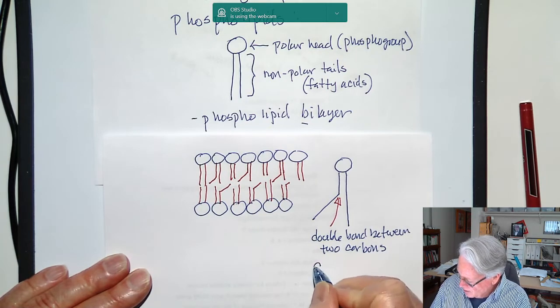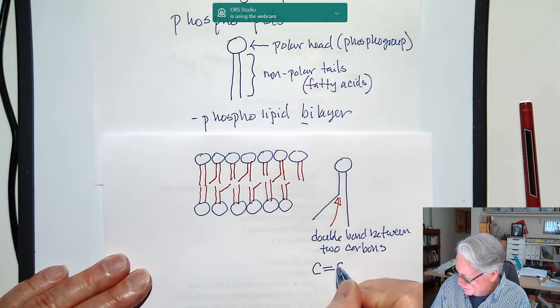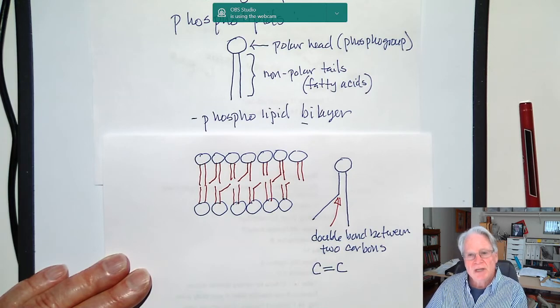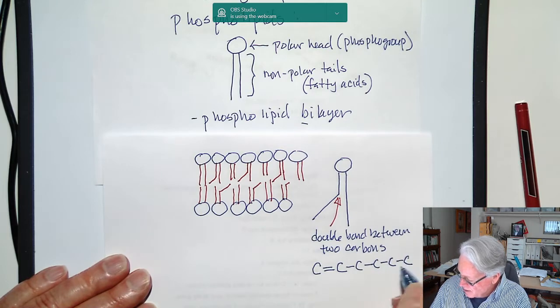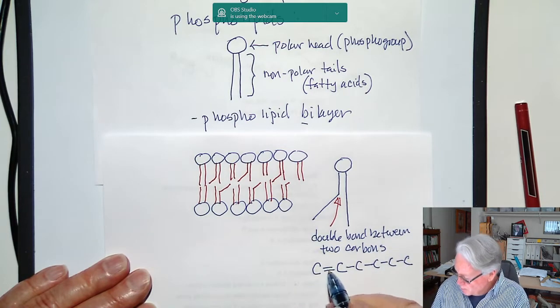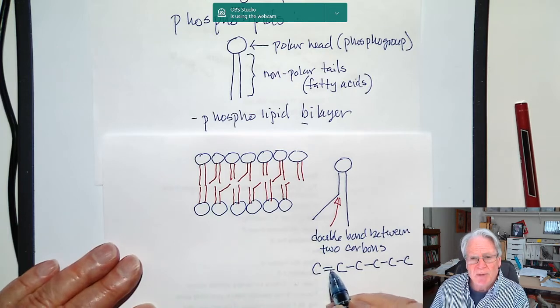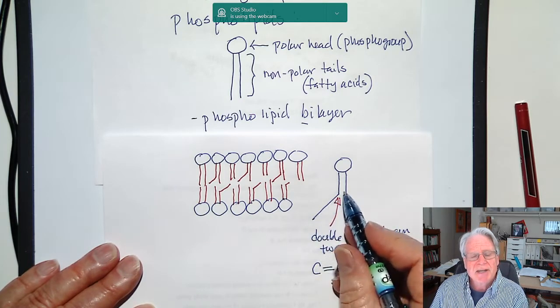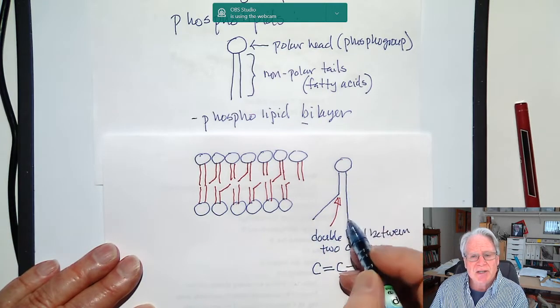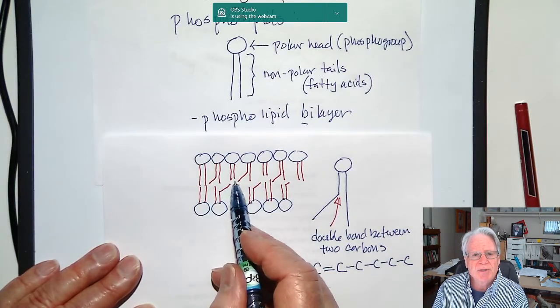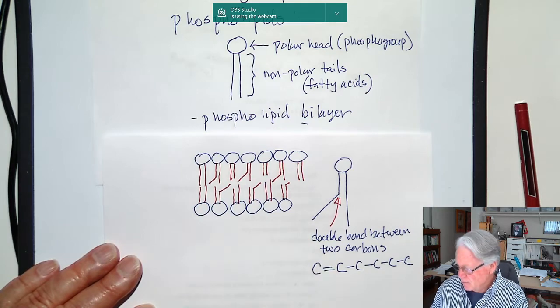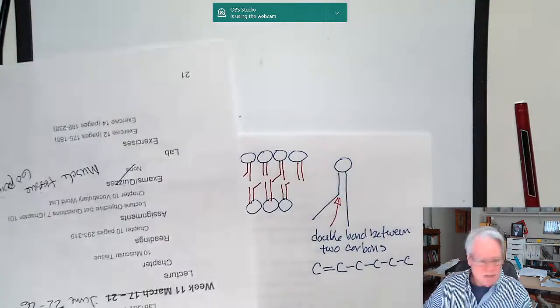In other words, we get this arrangement, whereas the rest of the chain is constructed like that. But when we put that double bond in, we get this bend. Instead of a straight chain for the fatty acid, we get this little bend, and that's what I've represented here.